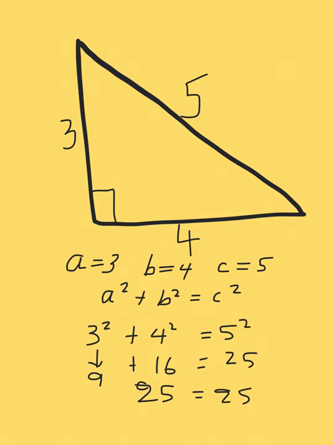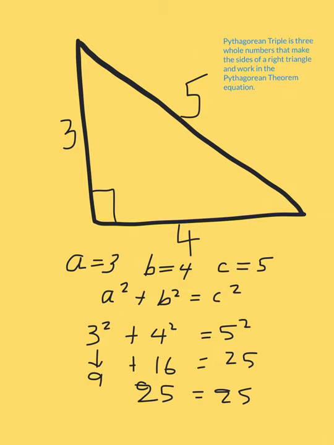The numbers 3, 4, and 5, these numbers right here, have a special name. This is a special set of numbers, and it's called a Pythagorean triple.